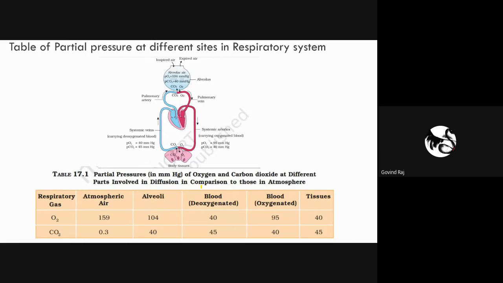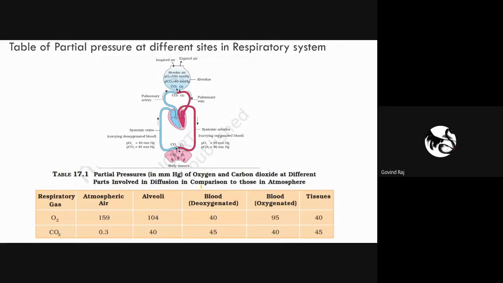When carbon dioxide is formed, the partial pressure is 45 mmHg. This gets transferred to the blood, where it is 45 itself, and after reaching the alveoli, it diffuses out into the alveolar air. That's how the gas is exchanged.